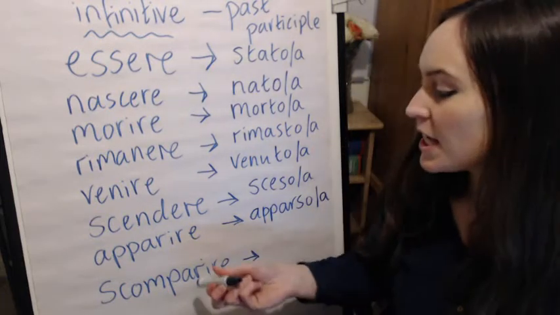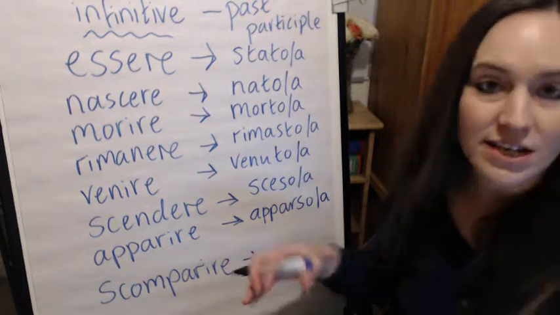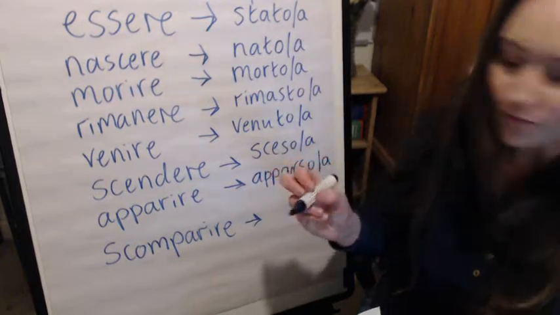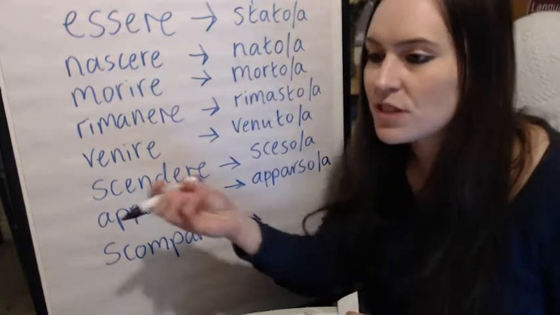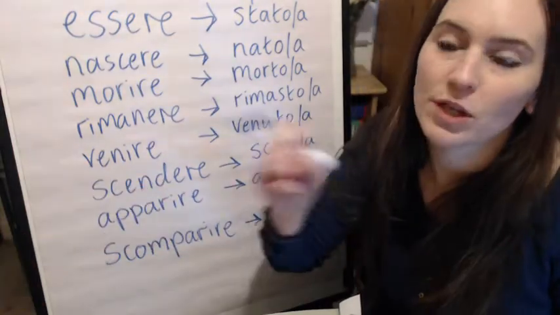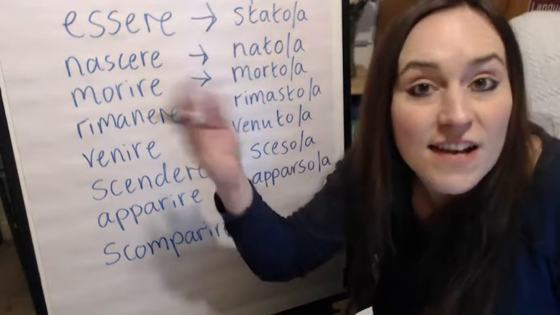Right? Now, underneath we have a verb which looks kind of similar. It's got this parire ending. However, this is basically the opposite. When you have a verb with an S in front of it, or an S and a C, it often means the opposite of the verb. So scomparire is to disappear or to vanish.